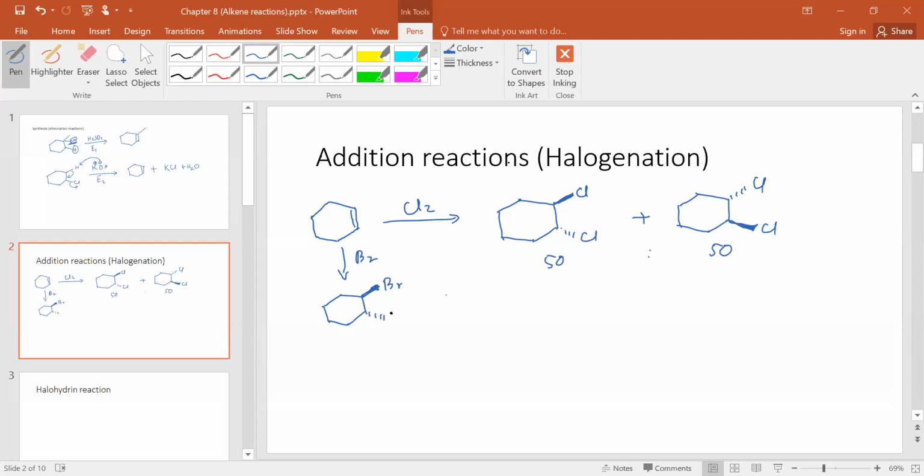So these are racemic mixtures, and these are the enantiomers.